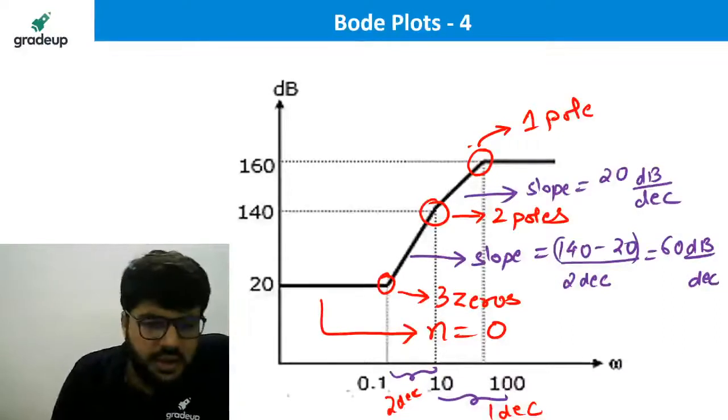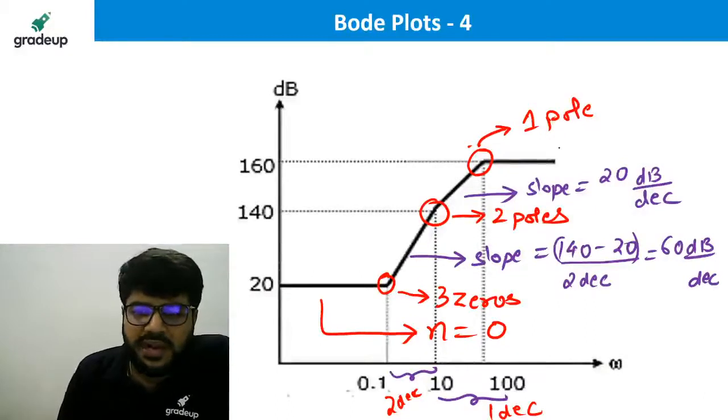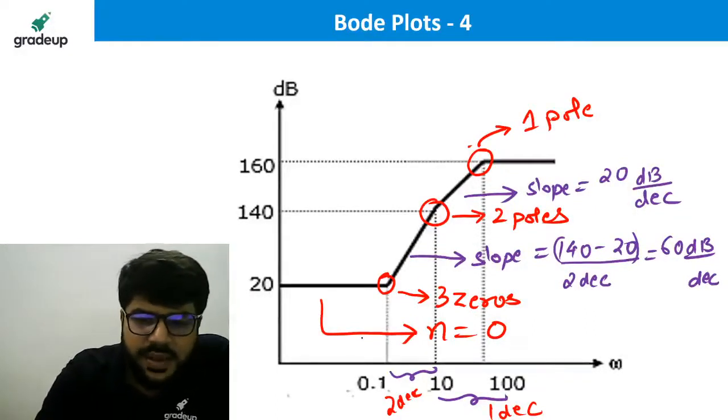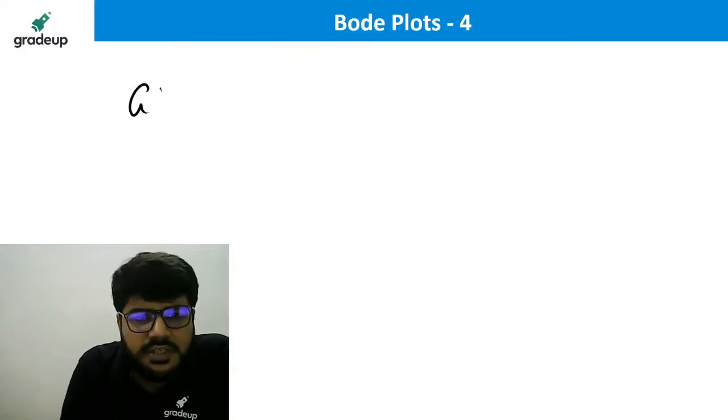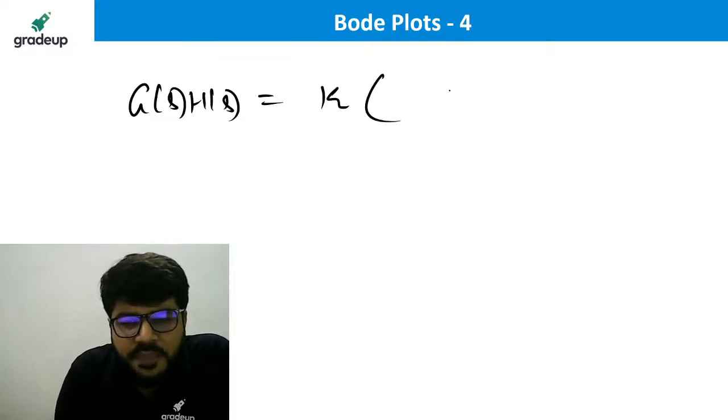So by this knowledge, we have 3 zeros at corner frequency 0.1, 2 poles at 10, and 1 pole at 100. So approximately, G(s)H(s) will be equal to K times a zero term.